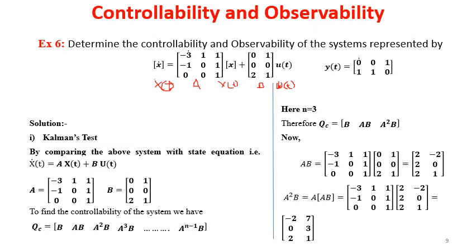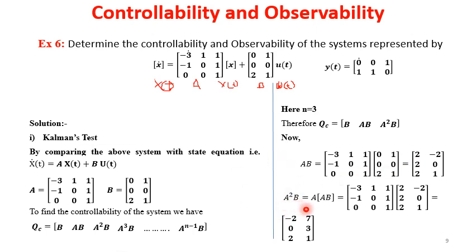When we multiply this A with B, which we got from here, that is 0, 1, 0, 0, 2, 1, we multiply this row with this column, then this row with this column, add them, and we get this column. Like that, when we do, we get 2, minus 2, 2, 0, 2 and 1. Next, AB is over.